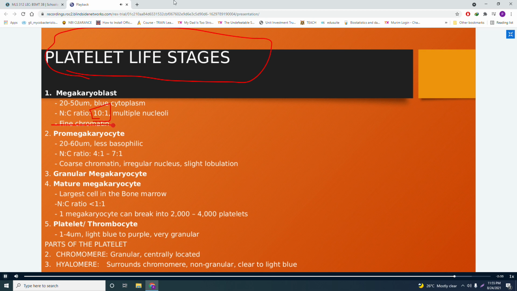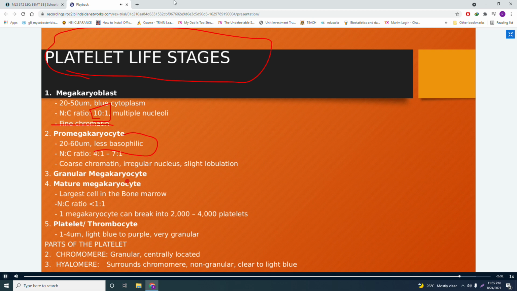It has fine chromatin. Then we have your pro-megakaryocyte. Has a size of 20 to 60, less basophilic. Nucleus to cytoplasm ratio of 4:1 to 7:1. Has a coarse chromatin, irregular nucleus, slight lobulation.